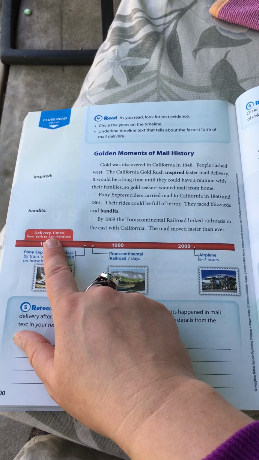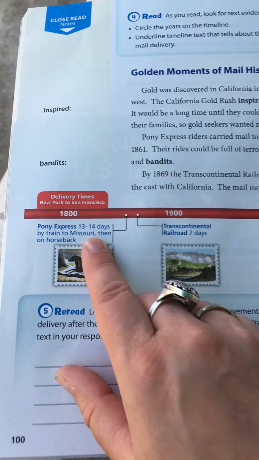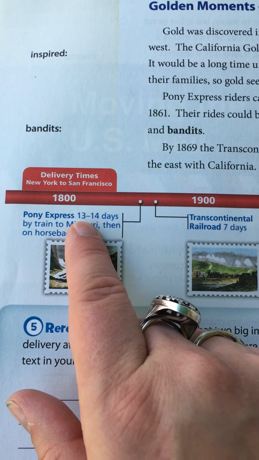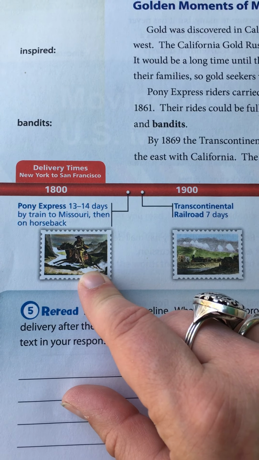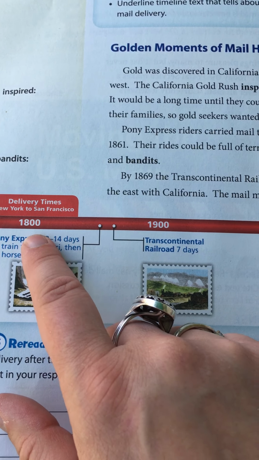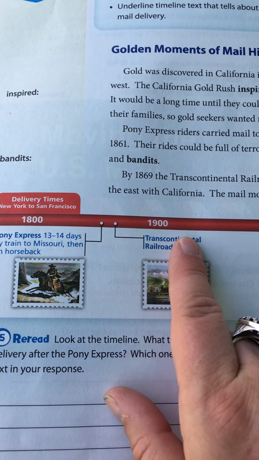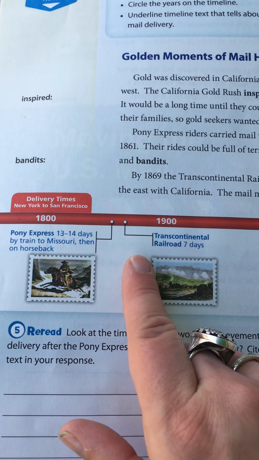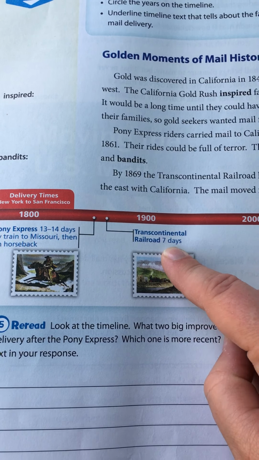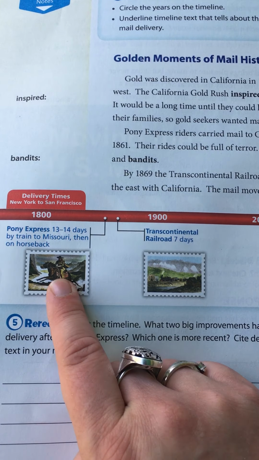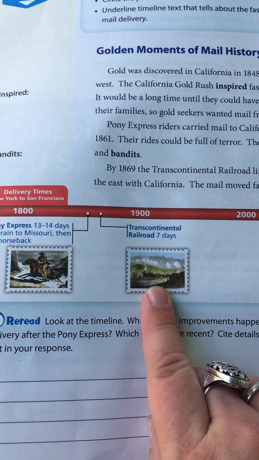Okay, so delivery times, New York to San Francisco. Pony Express, 13 to 14 days by train to Missouri, then on horseback. And that's between the 1800s and the 1900s. Then later on, closer to the 1900s, the Transcontinental Railroad only took 7 days. So it went from taking 2 weeks with a horse to 1 week with the railroad.